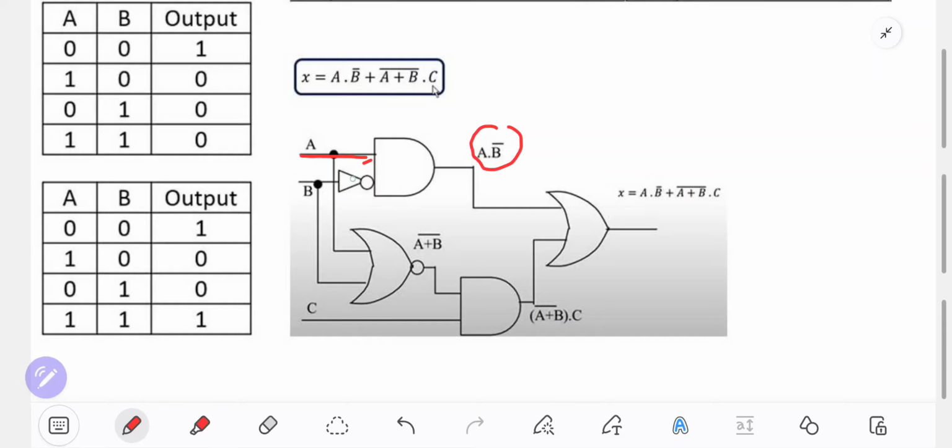We have the inverter gate logic and we combine it with the AND gate logic symbol. And the result is A times B accent.